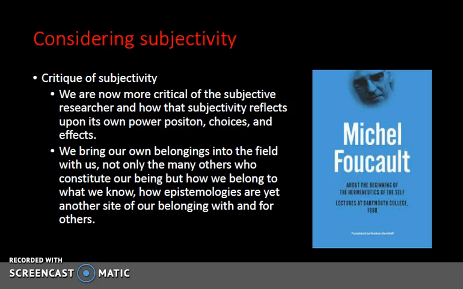Further notes that we bring our own belongings into the field with us, not only the many others who constitute our being, but how we belong to what we know, how our epistemologies are yet another site of our belonging with, as well as for, others.